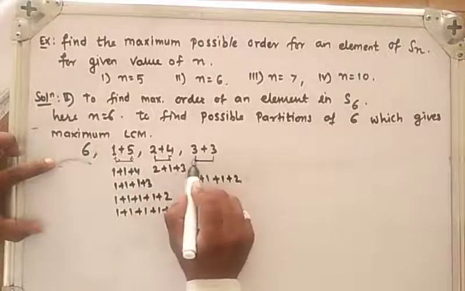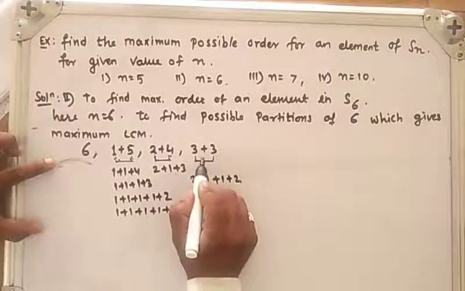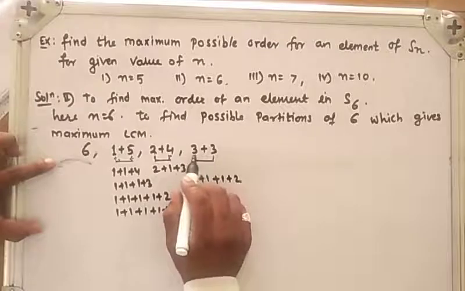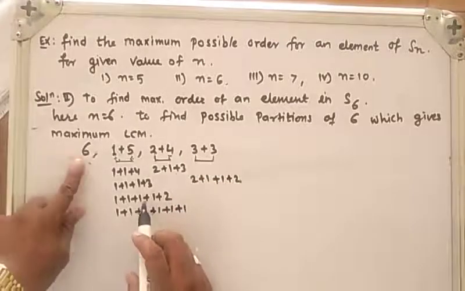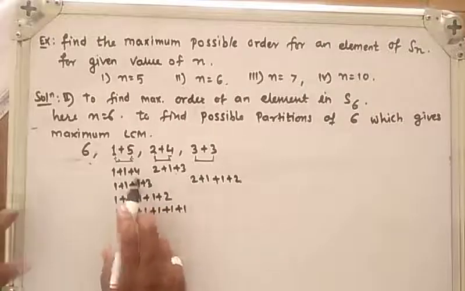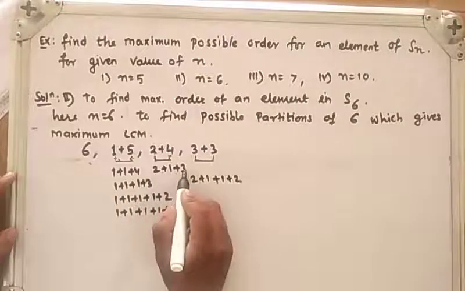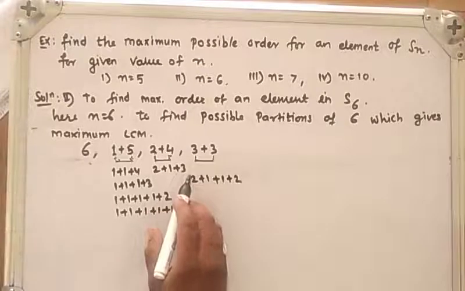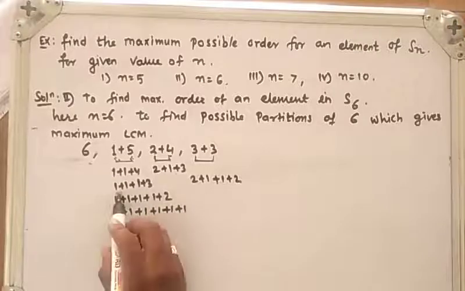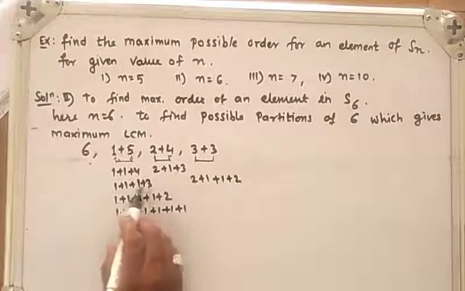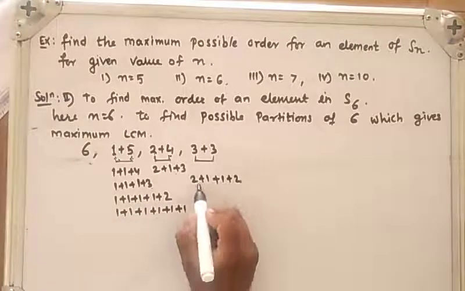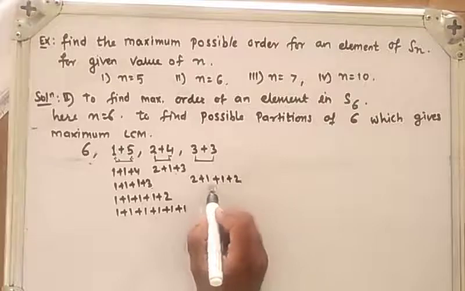Next, if I take 2 cycles having 3 elements, both disjoint, then the LCM will be 3. Next, if I take 1 1 4, then the LCM of these 3 cycles will be 4. Next, if I take 2 1 3, then the LCM will be 6. Next, 1 1 1 3 has LCM 3, and 2 1 1 2 gives LCM 2.